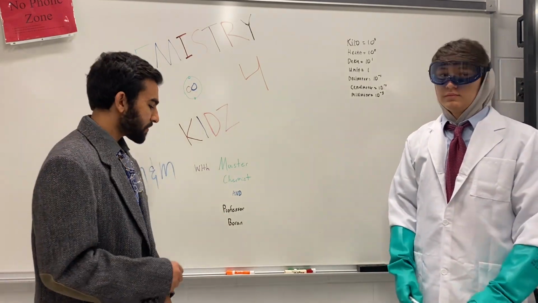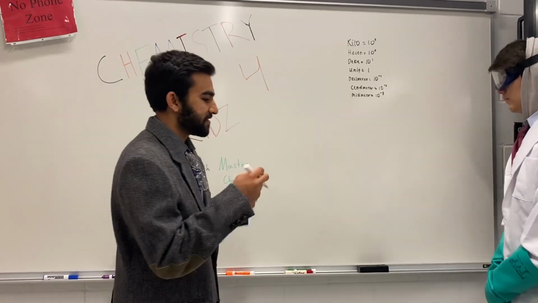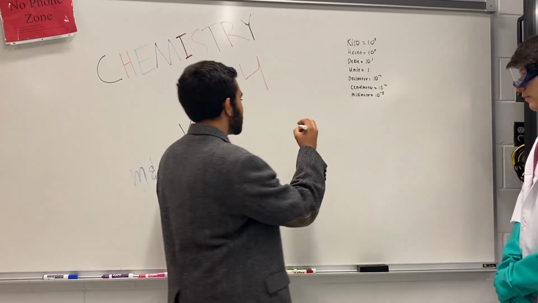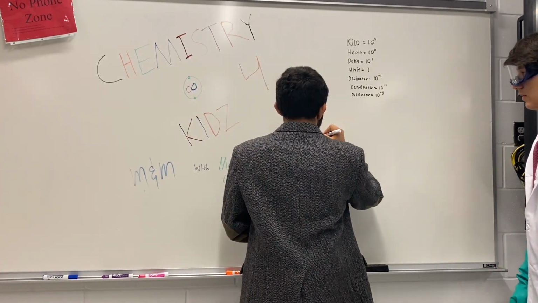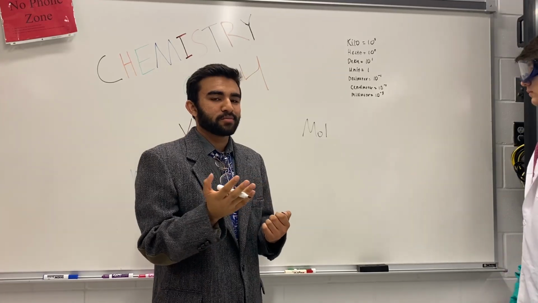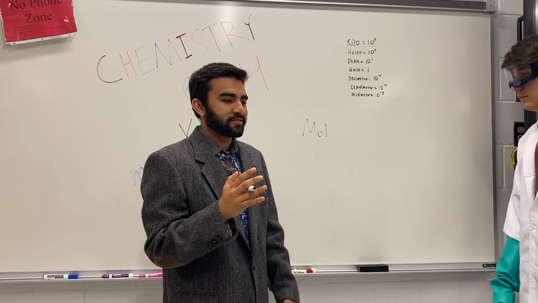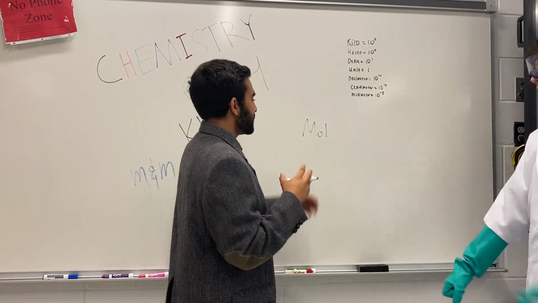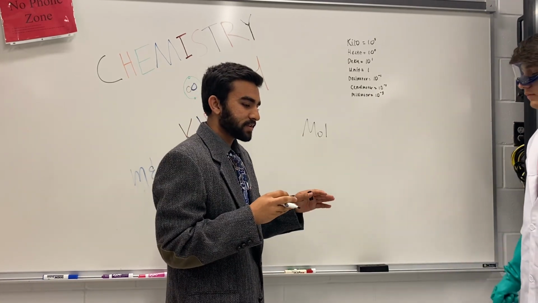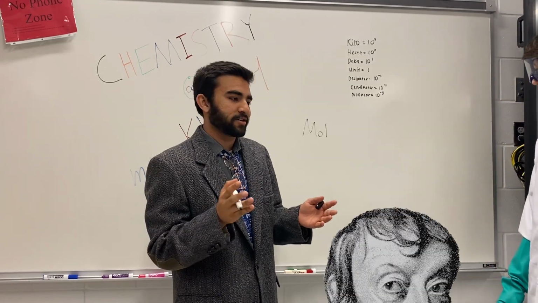A very important one that I'd like to talk about is what's known as the mole. It's not a mole that you'll find in a brownie, or star-nosed, or a blemish on your skin. It has to do with a guy who goes by the name Avogadro.